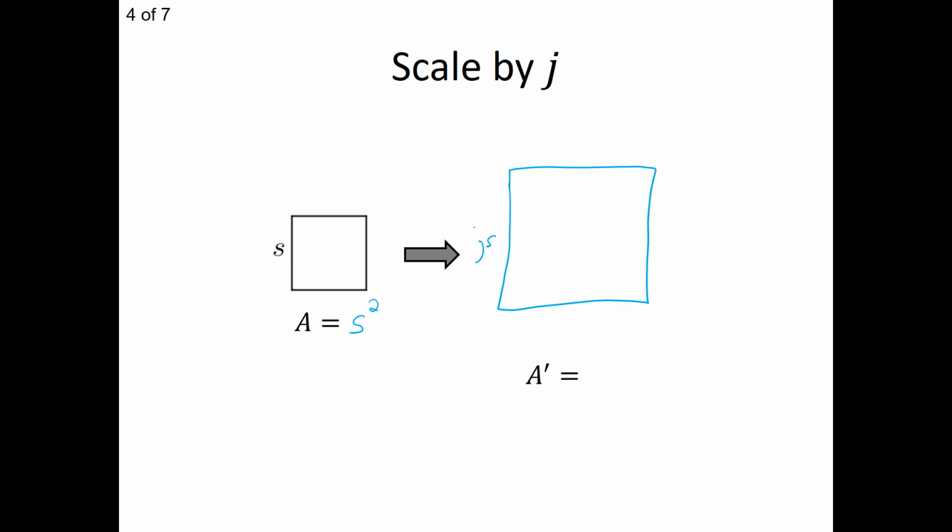If we square that, just like we do with our square area postulate, we end up with j squared times s squared. So it's not simply j times our pre-scale area. Our post-scale area is going to be j squared times that.